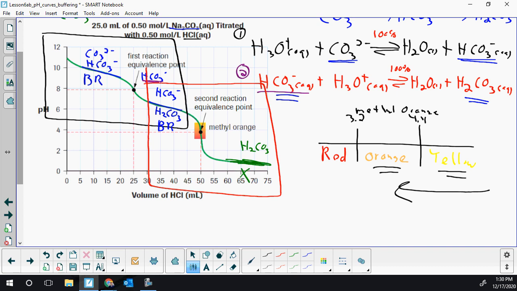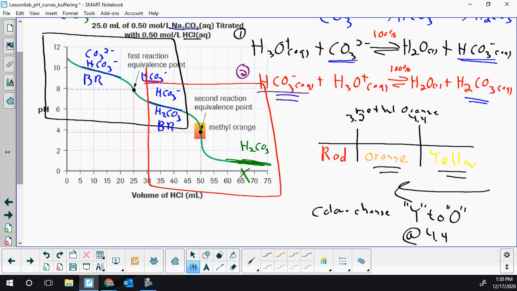I just have one question for you to work on. The color change doesn't involve red. You never want to get there. It's yellow to orange, Y to O, and that yellow to orange is going to occur at 4.4.